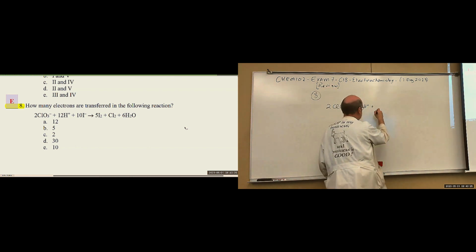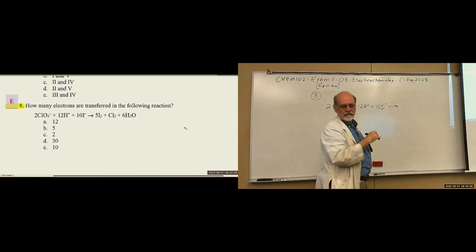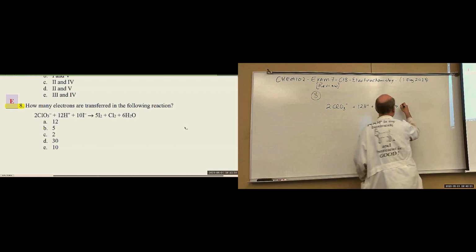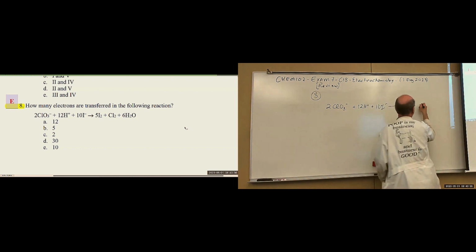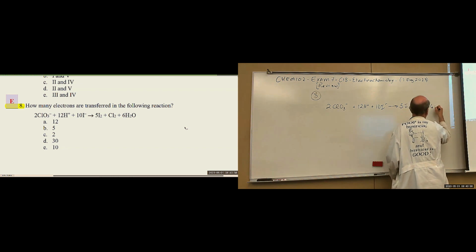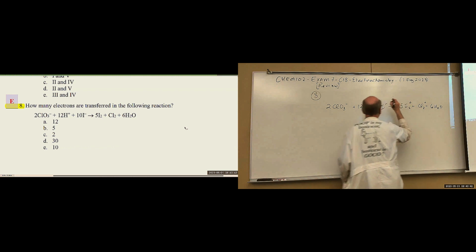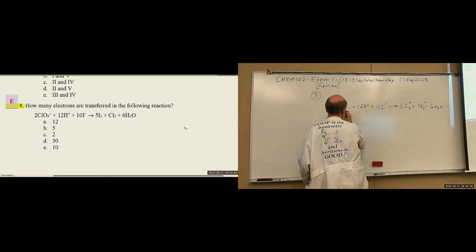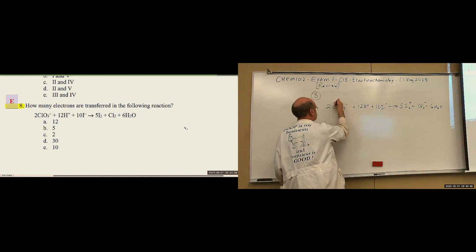And 10 iodide yields what? 5 iodines. That's easy to read from here. Cl2 and 6 water. Okay, that's a 0, that's a 0, that's a minus, that's a plus. Minus 2 times 3 is minus 6, hold 1 out. This is a plus 5.